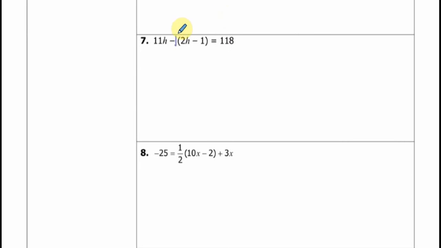First step, get rid of parentheses. You have to do -1 times 2h and -1 times -1. So you wind up with 11h, and then -1 times 2h is -2h. -1 times -1 is +1 equals 118.